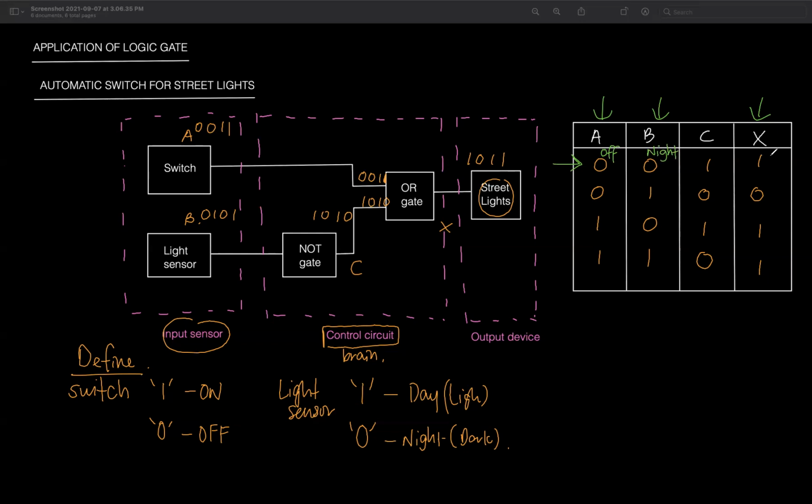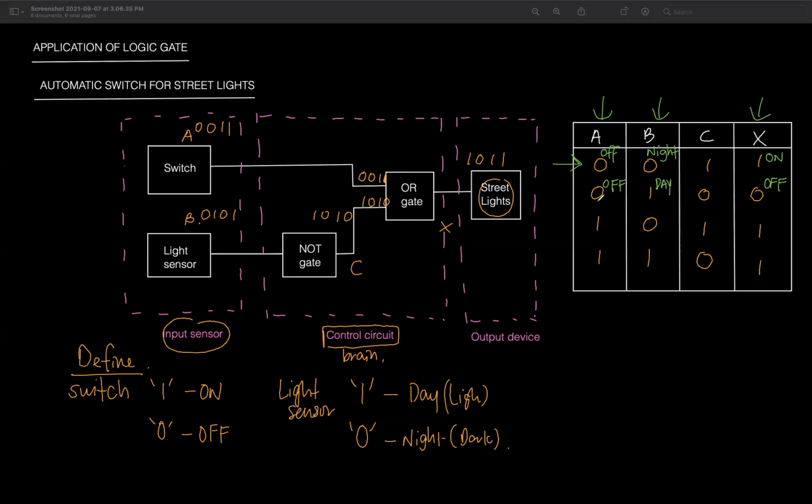It's a 1, meaning that the street light is switched on. Automatically it will switch on. Now this one, if the switch is off and the light sensor senses light, so in the day, what happened? The street light will automatically be switched off.